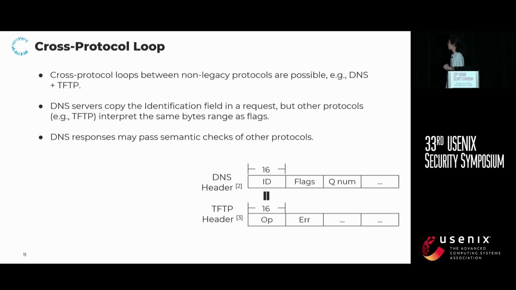For example, in TFTP, the same byte range is the operation code. That means a DNS message could be received by a DNS server, and the DNS server could copy the same operation code of the TFTP server and generate some responses that might pass the semantic check of a TFTP server. Given this information, we found that it's indeed possible to trigger a traffic loop among a DNS server and a TFTP server.